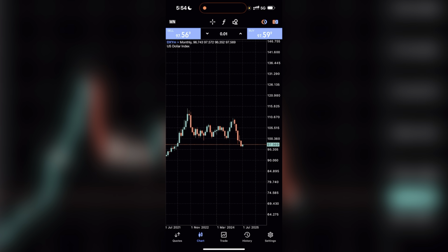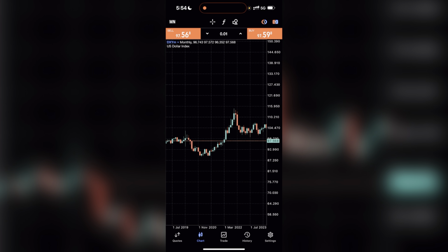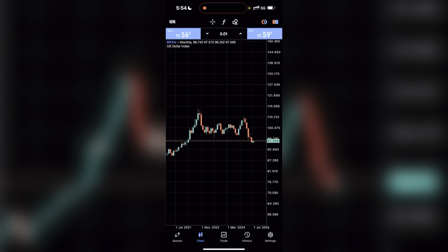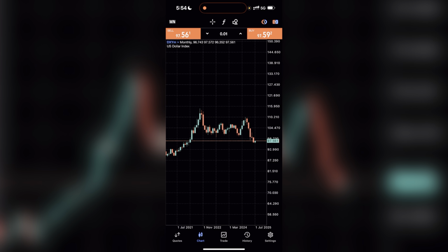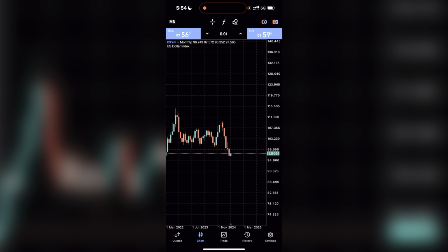So let's use economic factors. When we talk about economic factors, the indicators we're looking at are things like GDP. If you don't know what GDP is, gross domestic product, it's basically the sum total of all the goods and services produced within a country in a particular year. So that's the GDP.